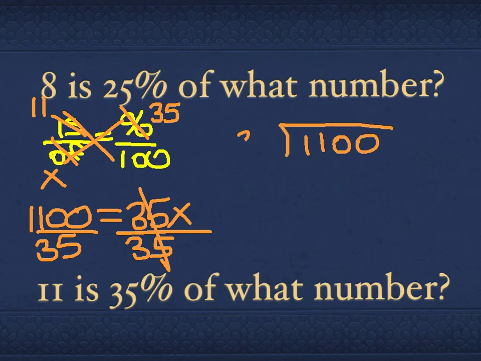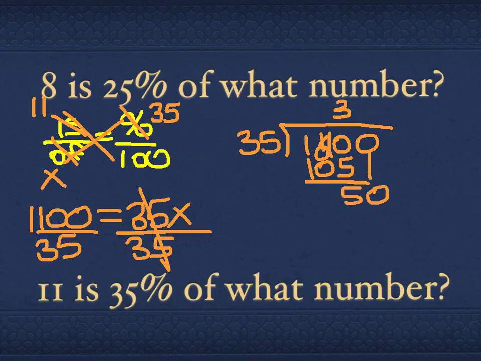1,100 divided by 35. Well, 35 goes into 110 3 times. That would give me 105. So 10 minus 5 is 5. Bring down the 0. 35 goes into 50 1 time. 1 times 35 is 35.